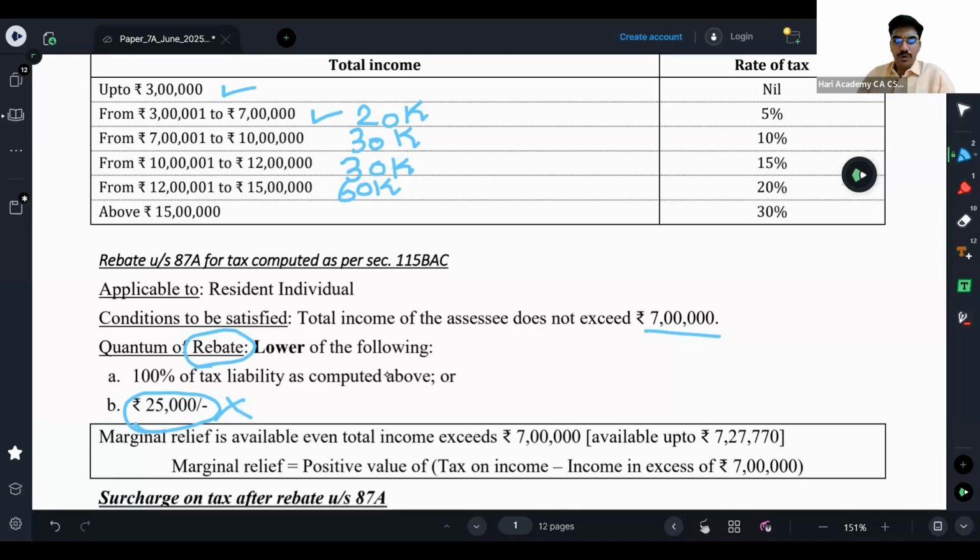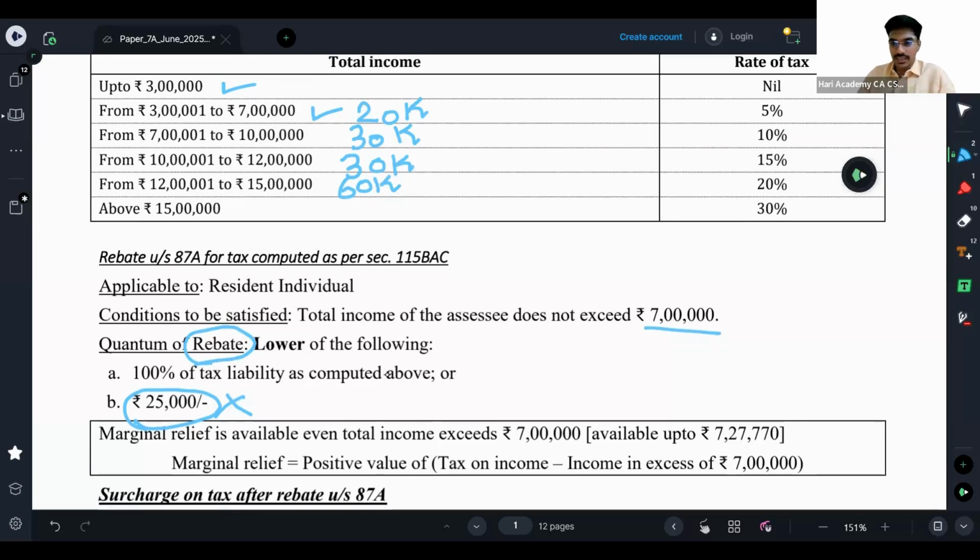Okay. Next point is you also have a marginal relief. Marginal relief is basically when you pay tax more than the amount you earn. So assume, for example, your income is 7 lakhs 1, not even 1,000, 7 lakh 1. So if your income is 7 lakh 1, what is going to be your total tax liability? For 0 to 3, it is going to be nil.